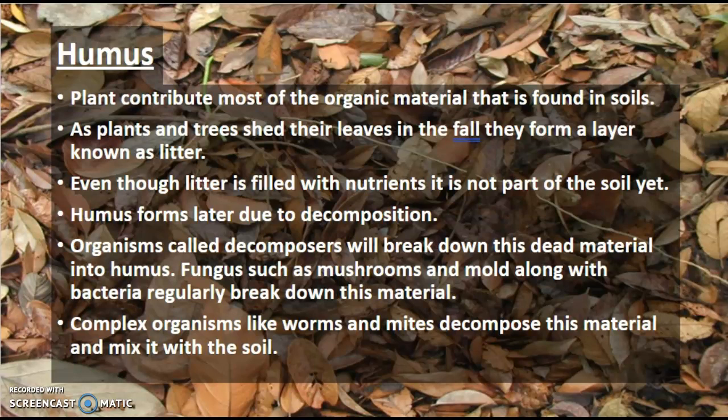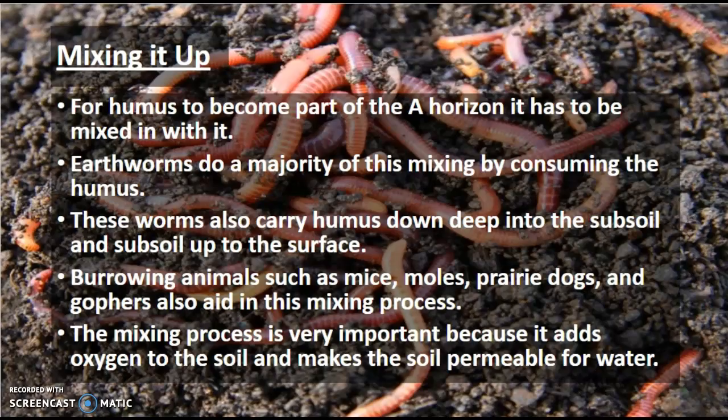Humus forms later, and that's where our decomposers come in, if we think back to our third grade biology, how important they are in breaking down the material. And then you have other organisms like worms and mites who help further decompose, and more importantly, they're going to mix those nutrients into the soil, making it the humus that we know.